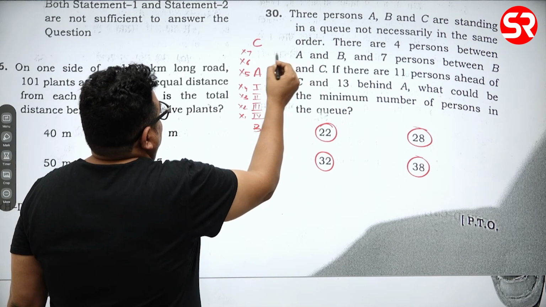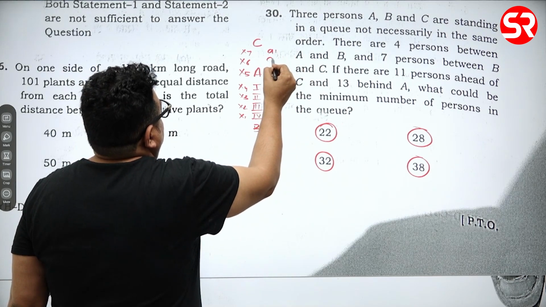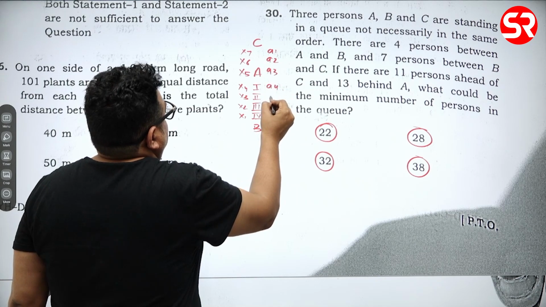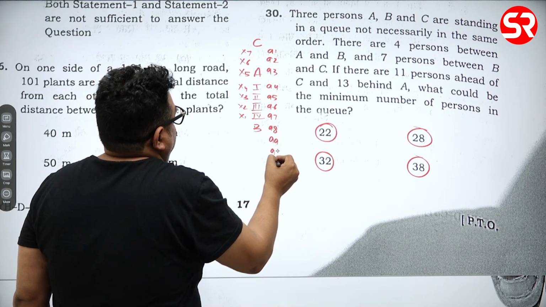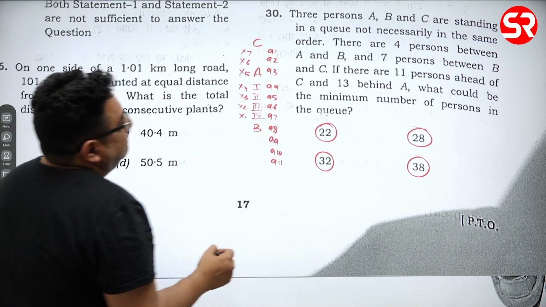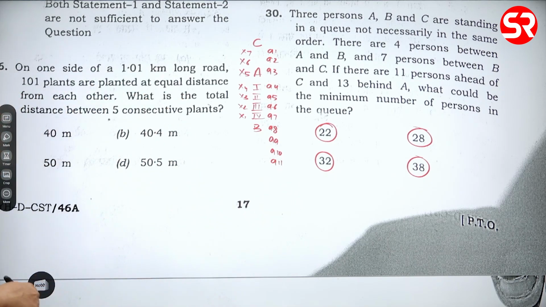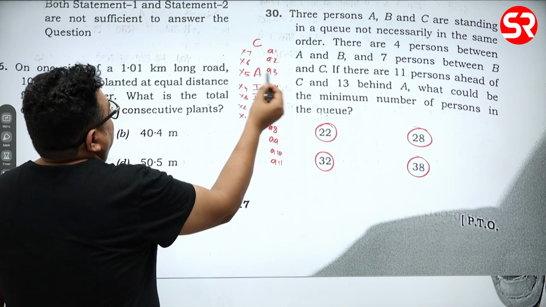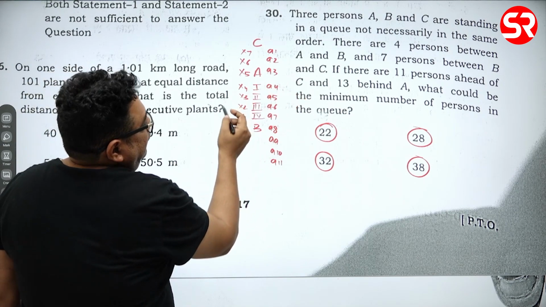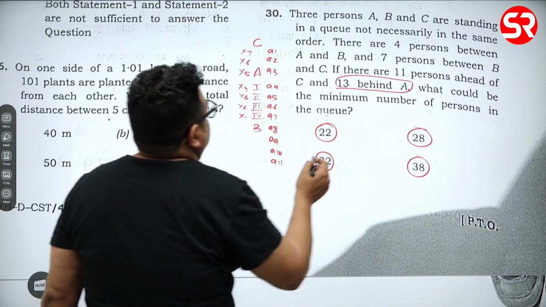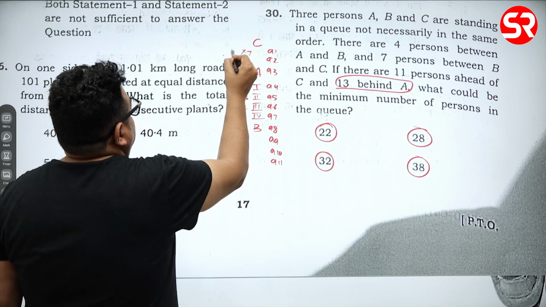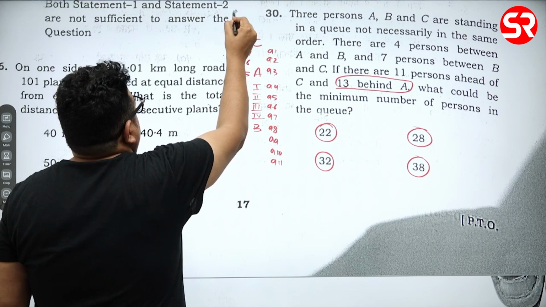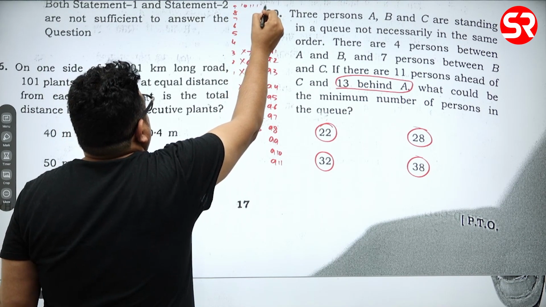So let's see, 11. So A1, A2, A3, A4, A5, A6, A7, A8, A9, A10, A11, and then yes, there are 11 people ahead of C. Now 13 behind A. So again, you have to count 13 more: 1, 2, 3, 4, 5, 6, 7, 8, 9, 10, 11, 12, 13.